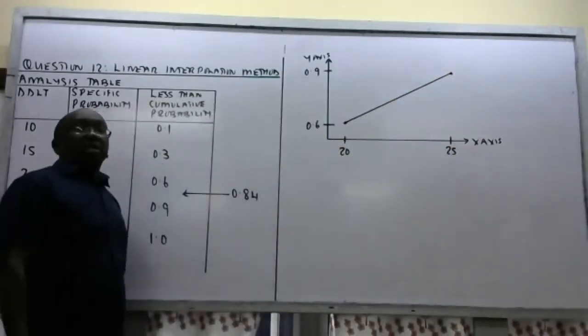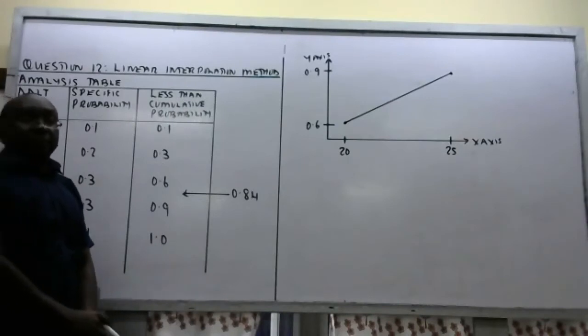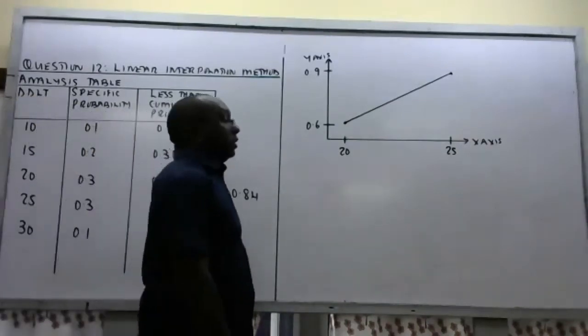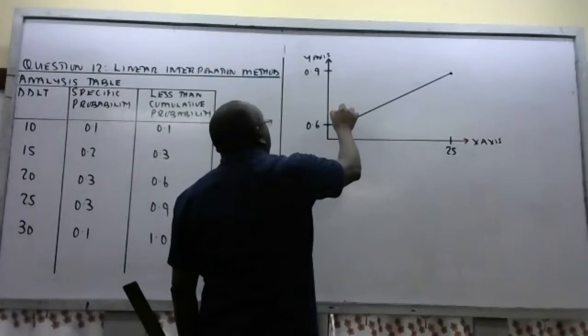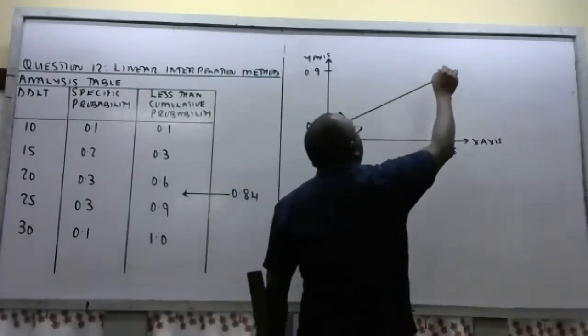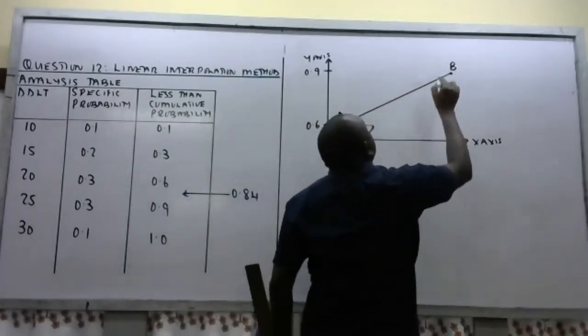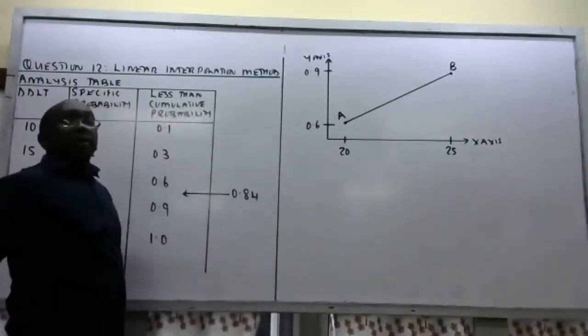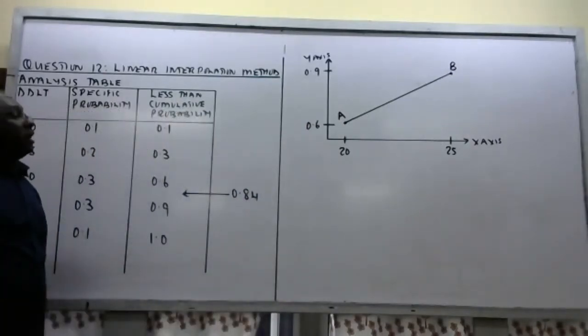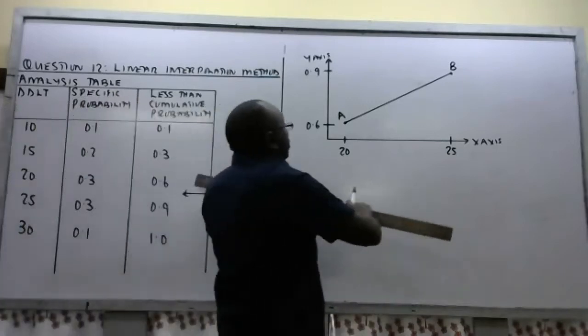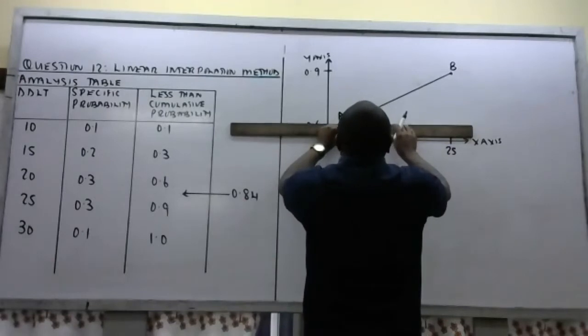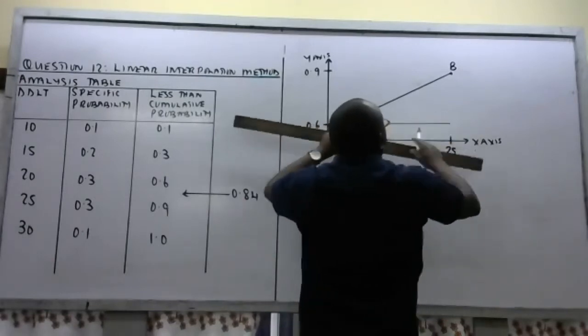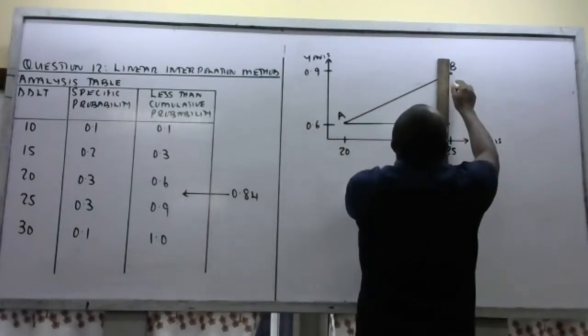The straight line that someone calls a hypotenuse in Pythagoras theorem. So you draw that line that way and you label those points A, B. Then draw another line like this, and another one here.